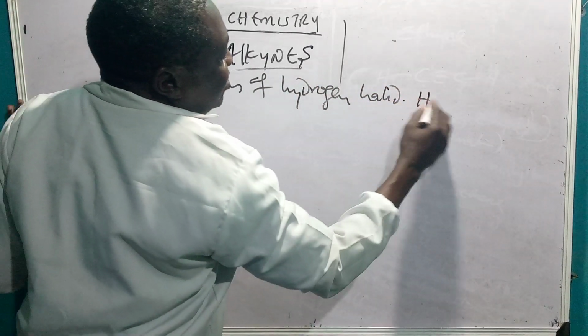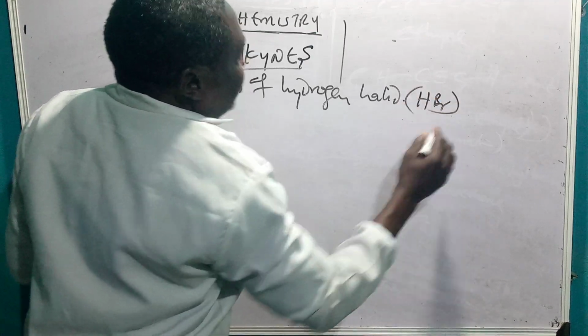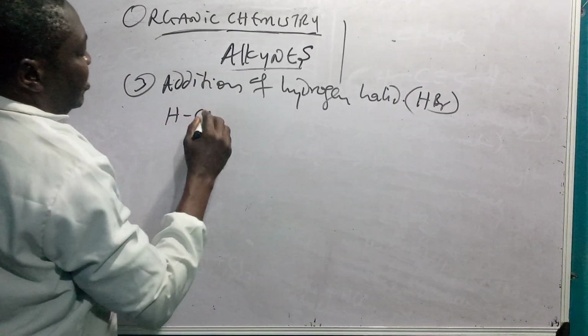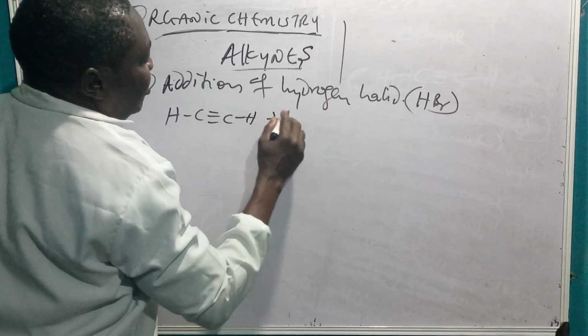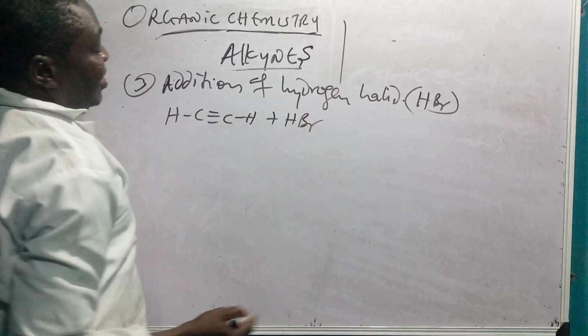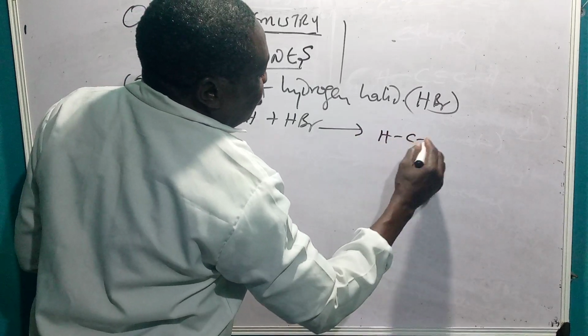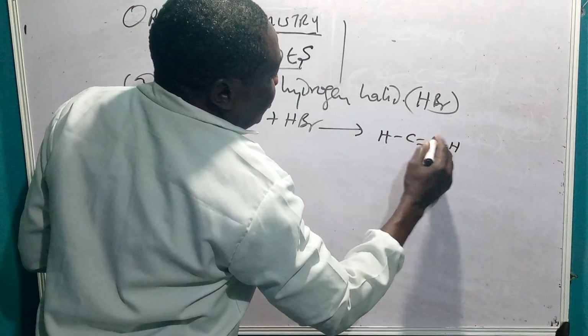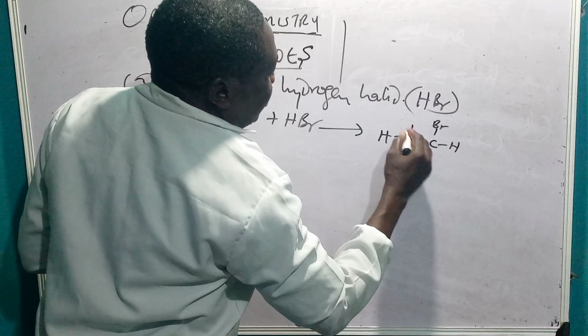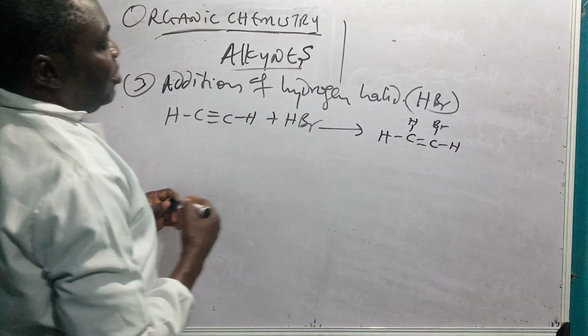Let's use hydrogen bromide. So we see it, H to C triple bond C to H plus HBr arrow. When you undergo this reaction, you have H to C double bond C to H, you have Br, you have H. This is the product you have.